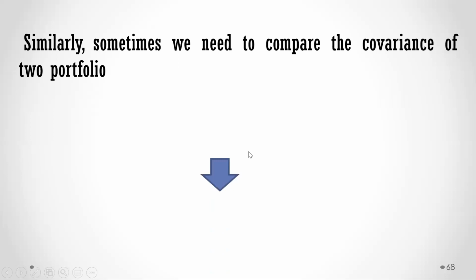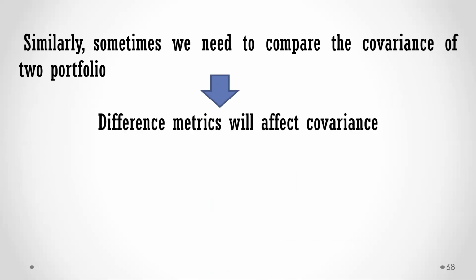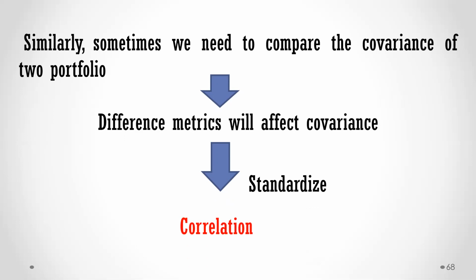So sometimes we need to compare the covariance of two portfolios. So I think the different metric will affect the covariance, so it's difficult to directly compare. So we standardize the covariance by something, and then we get the correlation. So correlation is a more convenient measure of the co-movement of two securities.